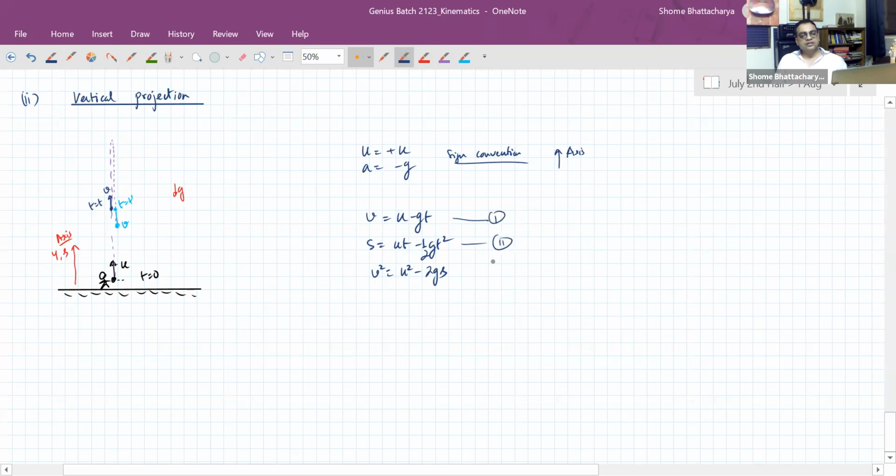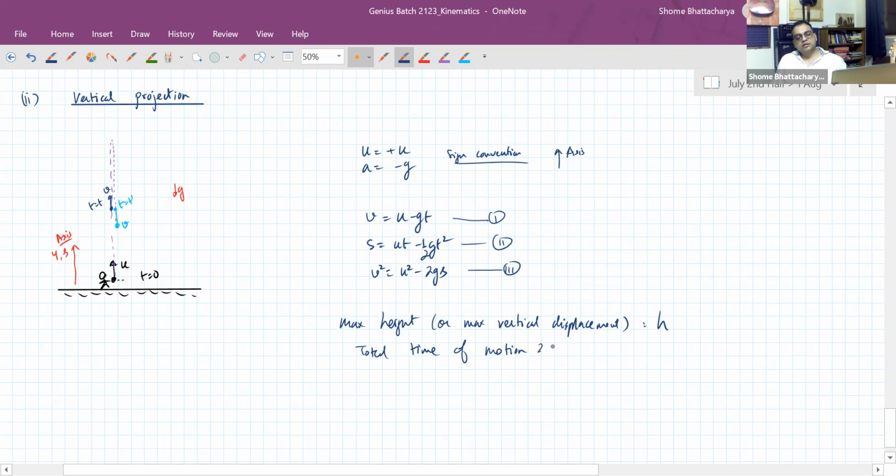Now using these standard equations, we calculate some standard quantities. The first is the maximum height, or maximum vertical displacement. So this is one parameter that we calculate, that is h. And the other parameter that we calculate is the total time of motion, that is start to impact on the ground.